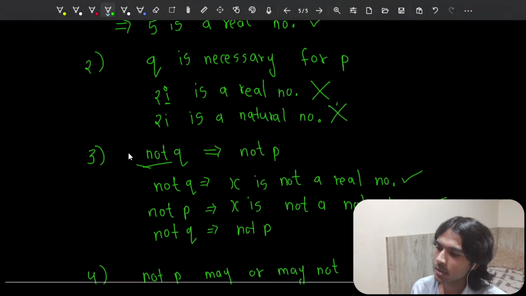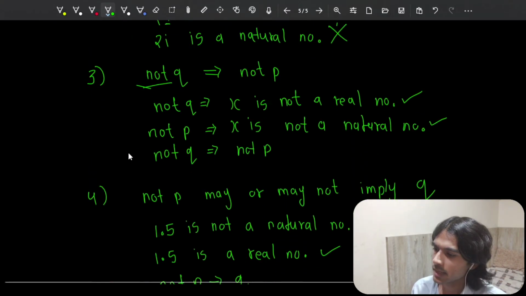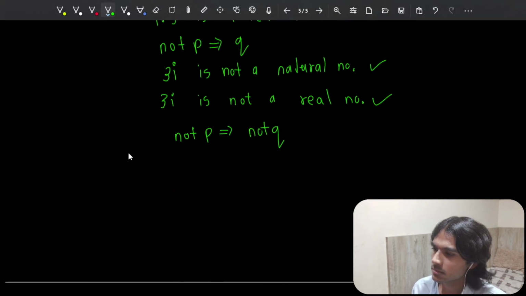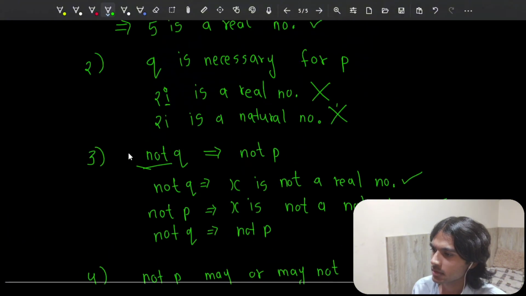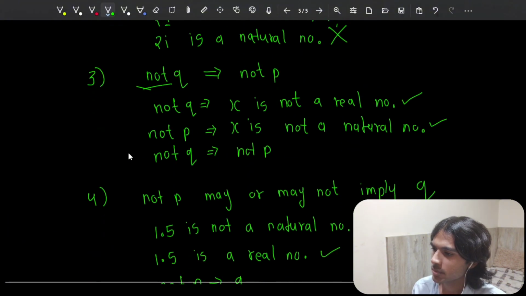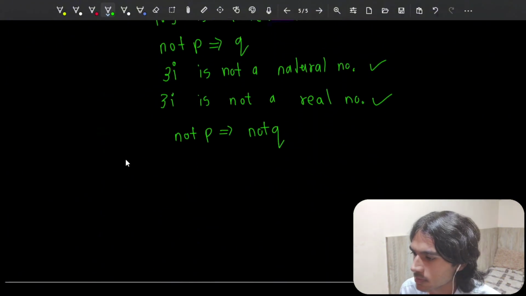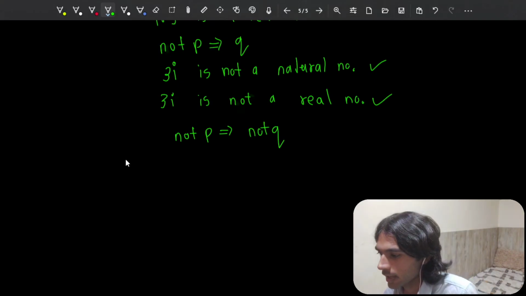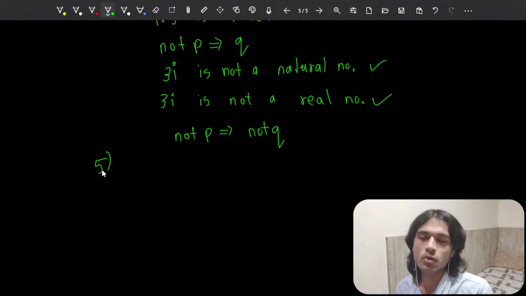Q may not imply P. I think that is the only part I remember, that Q may not imply P. I think it was so obvious that I was just thinking what more we can actually conclude out of it.